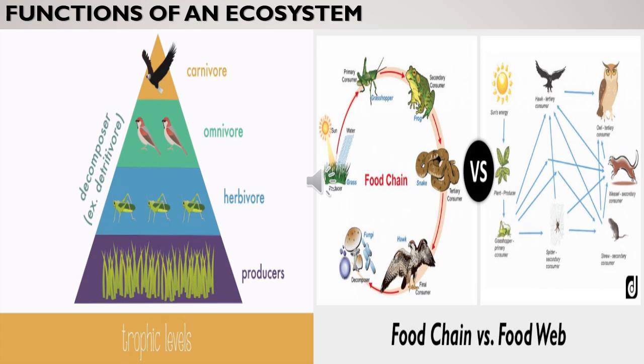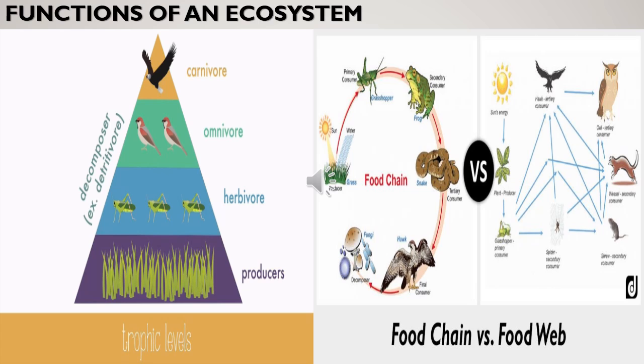Then the chain of transfer of energy from one group of organisms to another through various trophic levels is called a food chain, while a system of interlocking and interdependent food chains is called a food web.